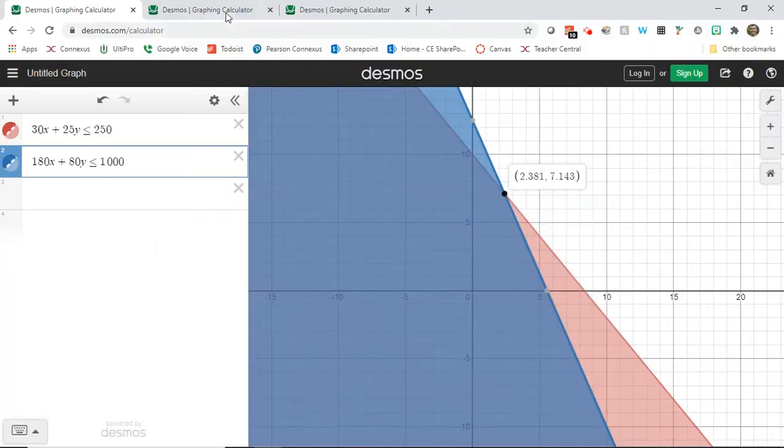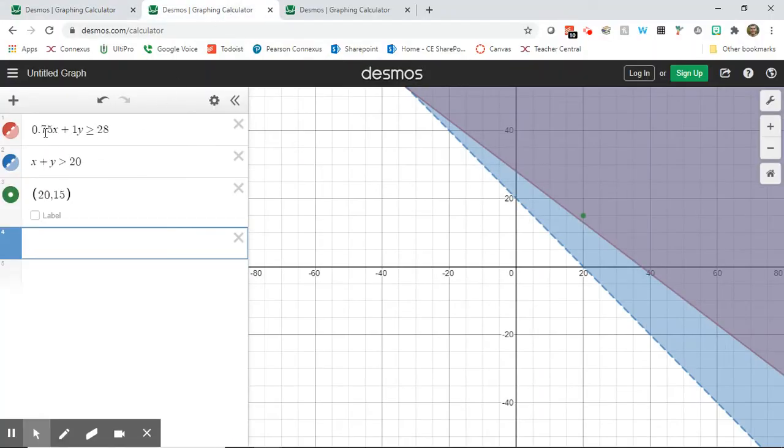I have graphed the two inequalities, and I also plotted the point: 20 is X, 15 is Y, the popsicles, and you can see that point here. It is in our double shaded area, so that means it does fit our constraints. That is more than 20 items, and she would earn more than $28.